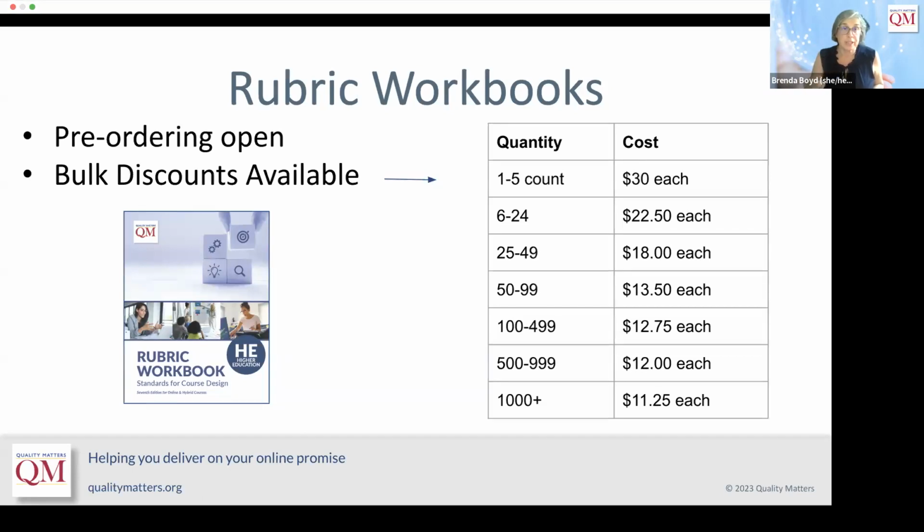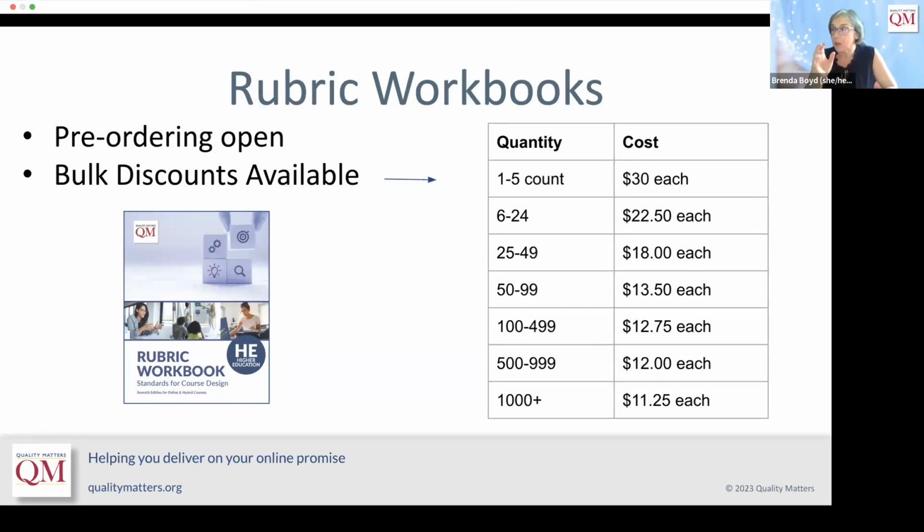And then there's a $13.95 shipping and handling charge that our printers charge to put it in an envelope, make sure your address is right, and get it into the mail on time. So we really recommend going with the bulk order if at all possible. But you are absolutely able to order 1 to 5 rubrics, and they'll be $30 each, plus the shipping and handling charge.